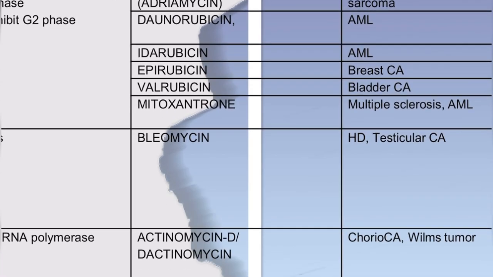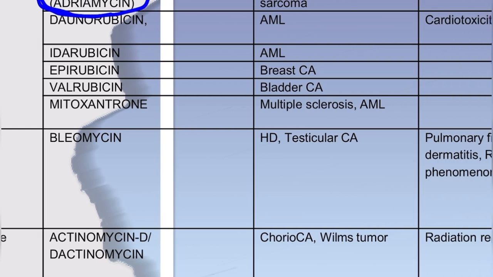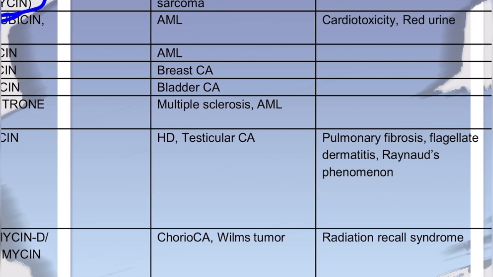Focus. Doxorubicin. Another name of doxorubicin is adriamycin, okay? I don't think it's possible to remember all the carcinomas. So try to remember doxorubicin or adriamycin. Important side effects are cardiotoxicity and red urine.